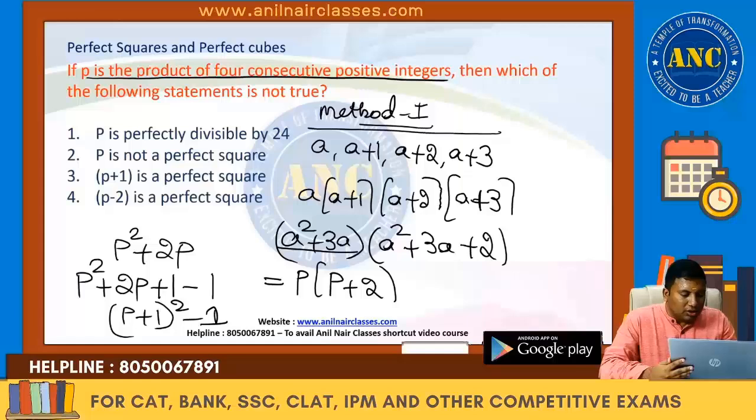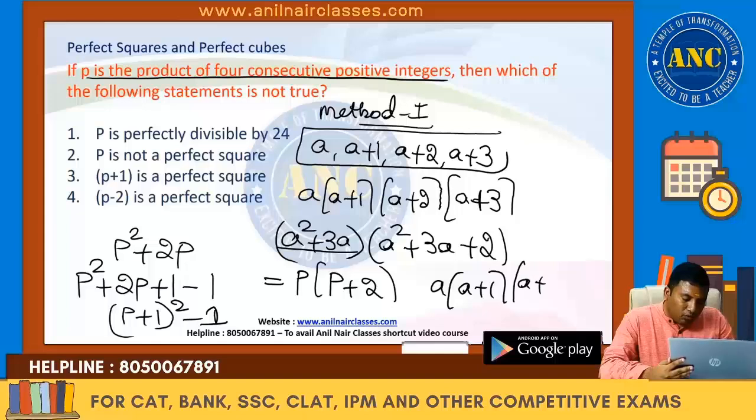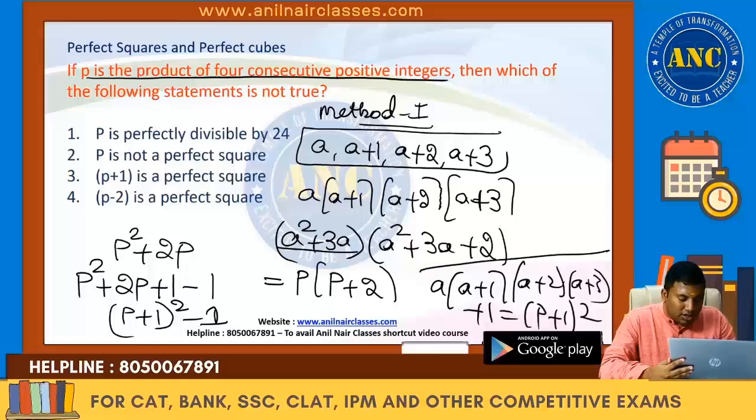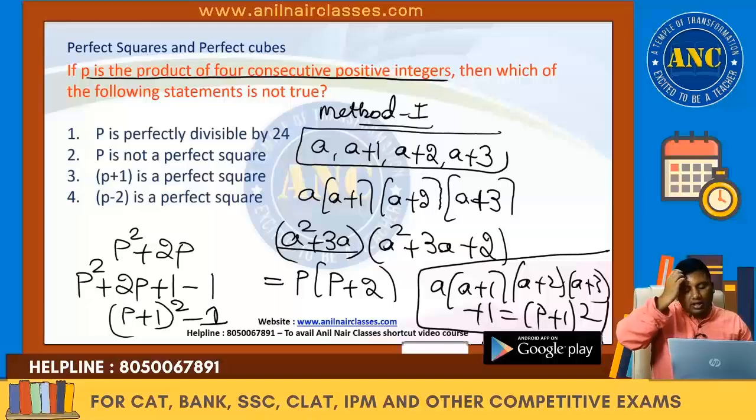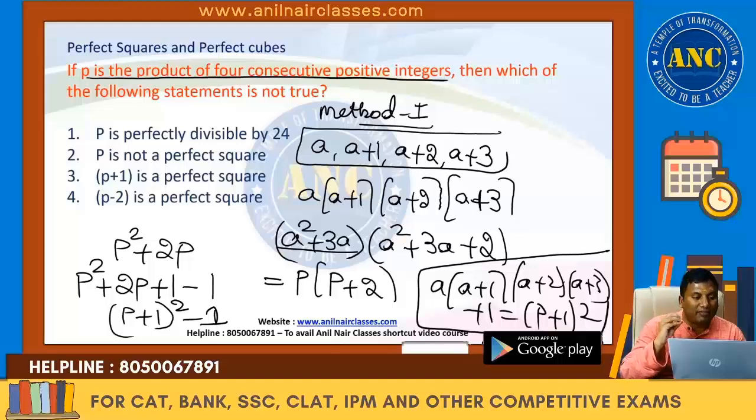That means to the product of 4 positive integers, if I add 1 to it, I will get a perfect square. I hope this important conclusion is clear to you. Again I am repeating, take any product of 4 consecutive positive integers, add 1 to it, that will result in a perfect square. This was by using a variable method.